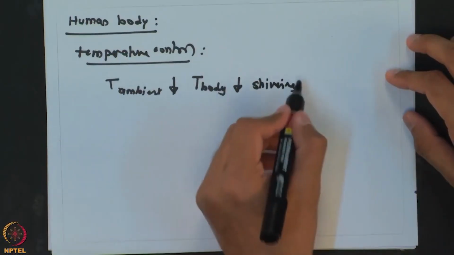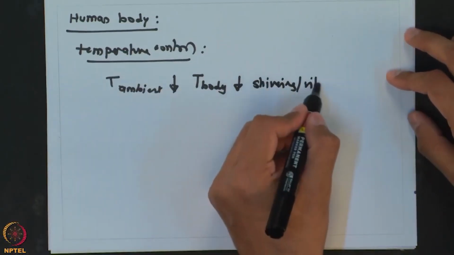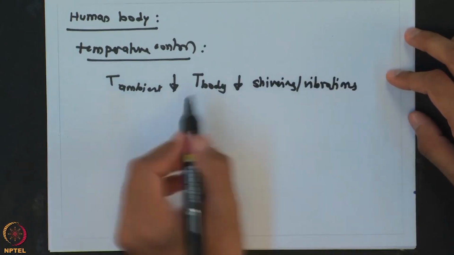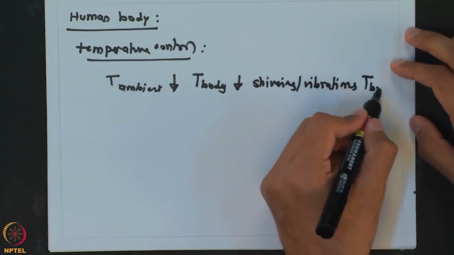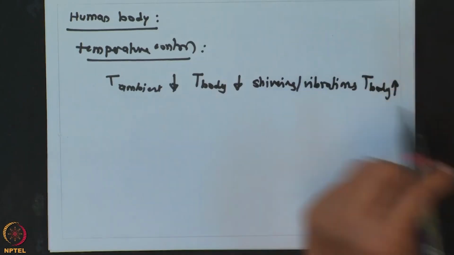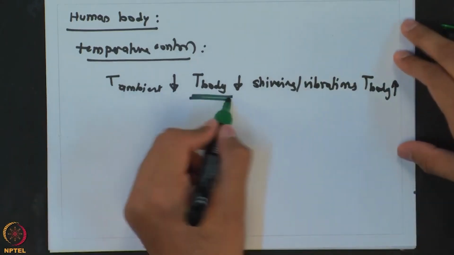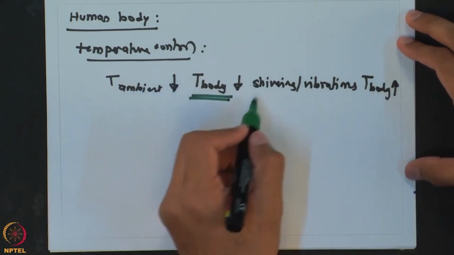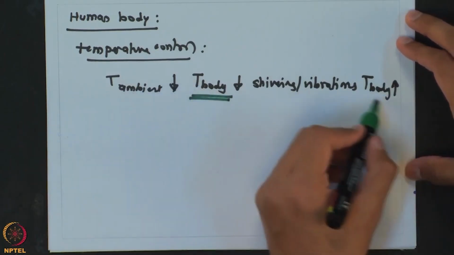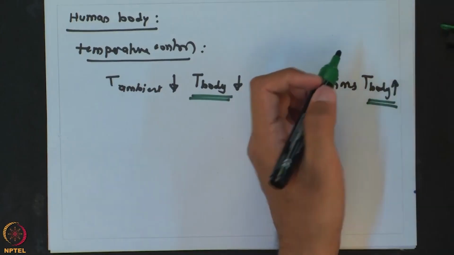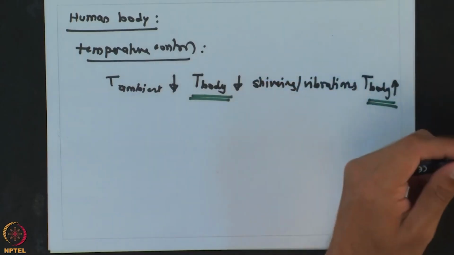And as you know, vibrations cause an increase in energy or temperature, and because of this shivering the body temperature will increase. So you can see that a decrease in the body temperature has triggered a feedback action in terms of shivering, which helps us to increase the body temperature.